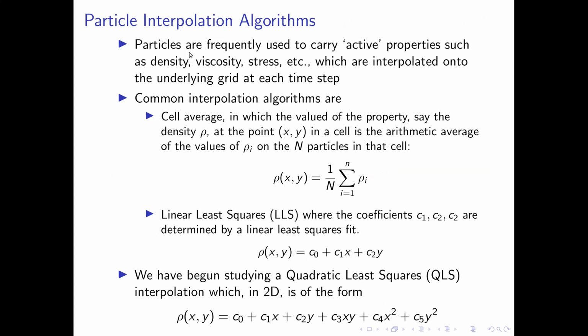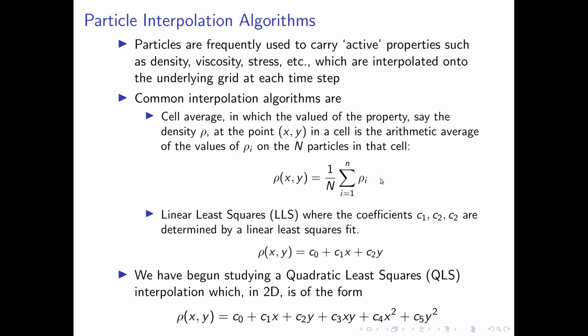Now, we're interested in particles that are active, and they can carry density, viscosity, stress, or an indicator function, which is not per se active, but it indicates where, in the case that I'm going to show you, a bending beam is. Common interpolation algorithms average the particles in a cell.